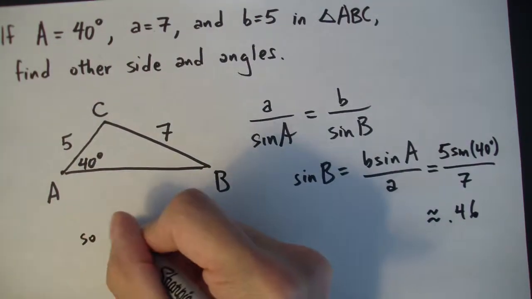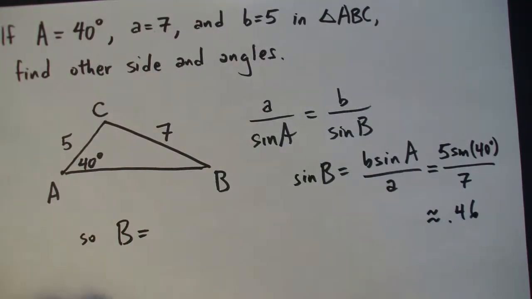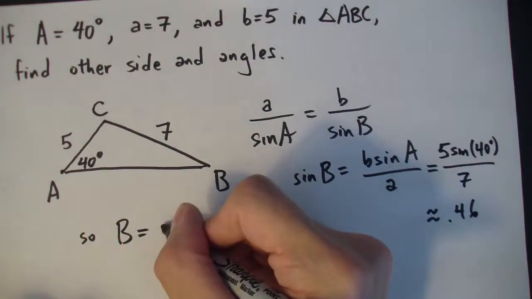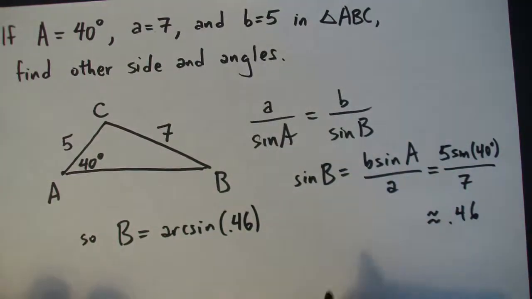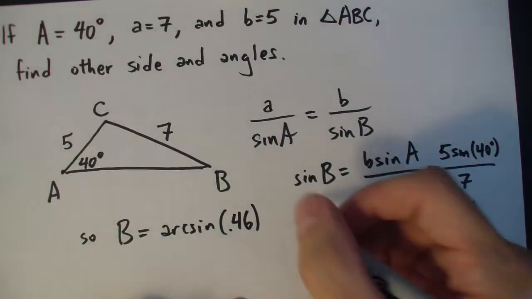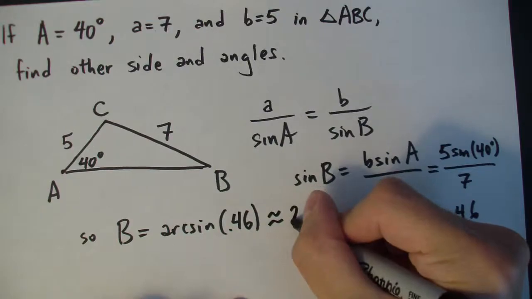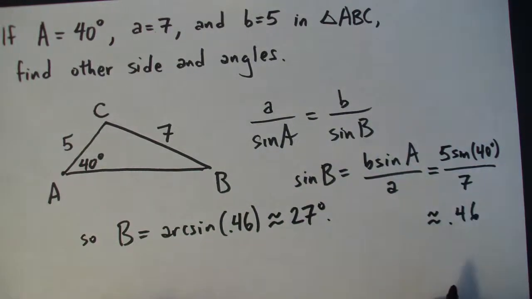So we find that B will be the inverse sine of 0.46, and that comes out to be 27 degrees approximately. So we have 27 degrees there.